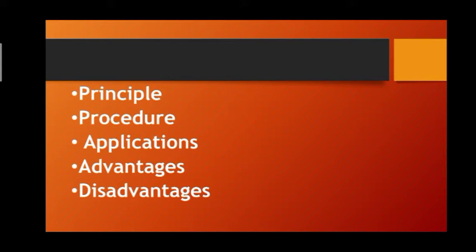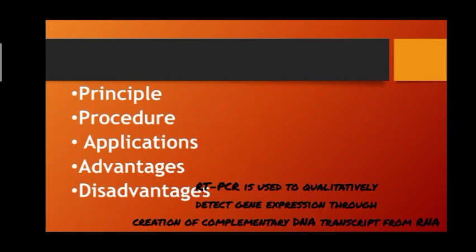This technique is commonly used in molecular biology to detect RNA expression. This RT-PCR is often confused with real-time polymerase chain reaction, which is qPCR. However, they are separate and distinct techniques. RT-PCR is used to quantitatively detect gene expression through creation of complementary DNA, which is cDNA, transcript from RNA.